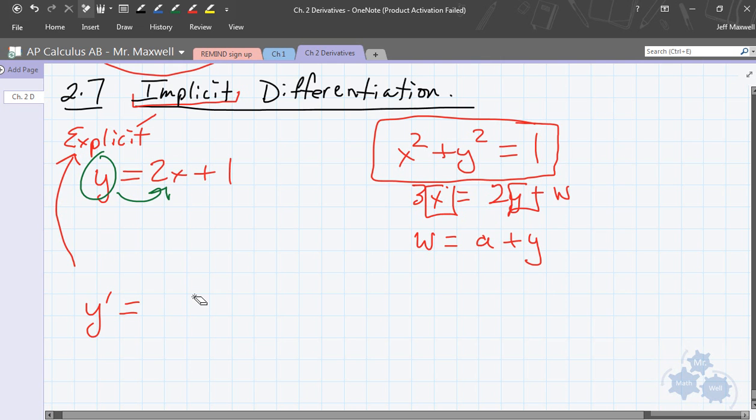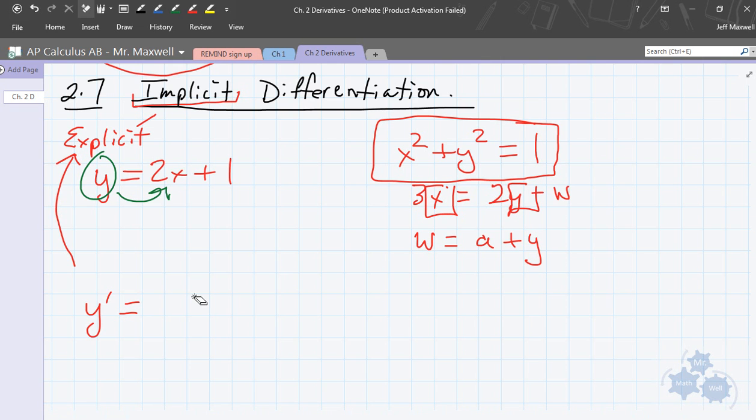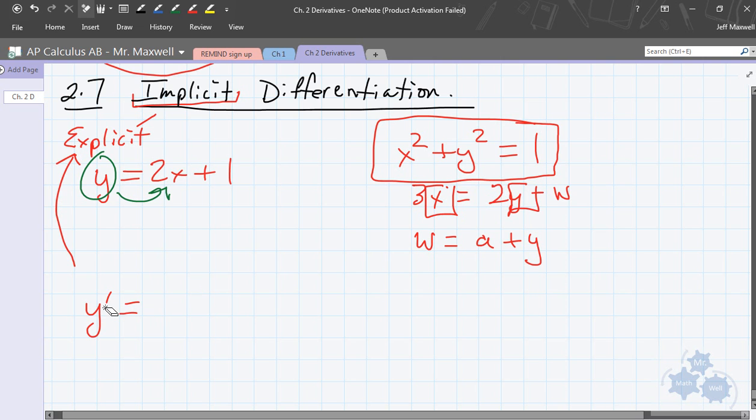I like to use the words preferred variable, though you won't find that used globally. It's the derivative of y with respect to x, so x is the preferred variable. This means we're finding the derivative of y in terms of only x. That's what all the rules are for.